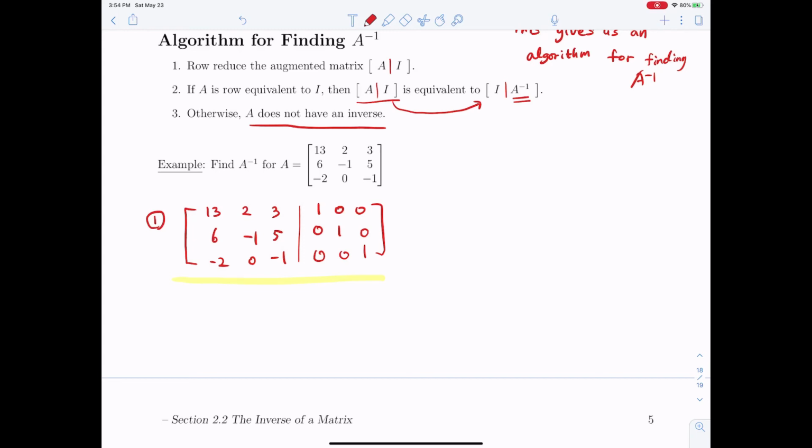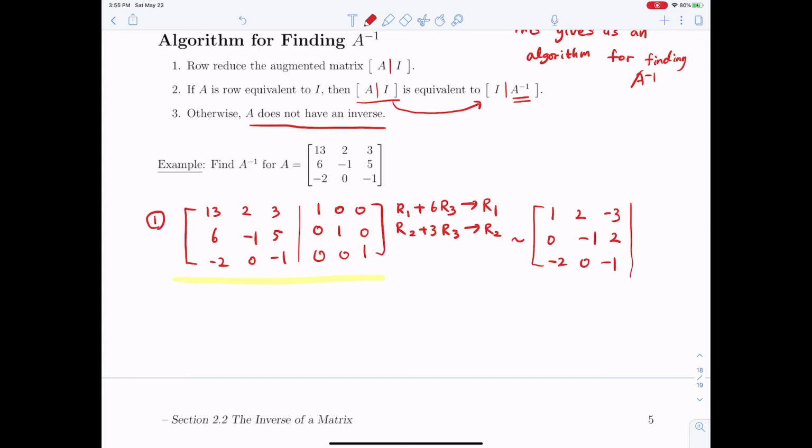The first thing that comes to my mind is to add R1 plus 6 times R3 to replace R1, and R2 plus 3 times R3 to replace R2. Then this gives you 1, 2, negative 3, 0, negative 1, 2, negative 2, 0, negative 1.